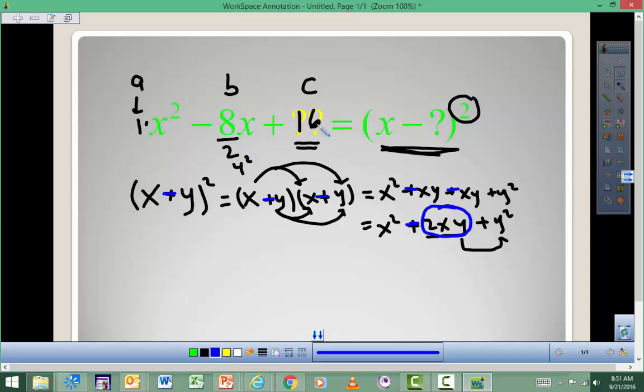So to figure out what goes here, it's y squared. There's a 2 involved, 2y here. So if you divide by 2, you'll figure out what the y is, and then if you square it, you get y squared. In this case, the x acts like a 1, because there's a 1 in front. We want the 1 to be thought of as the x that you're after. Okay?